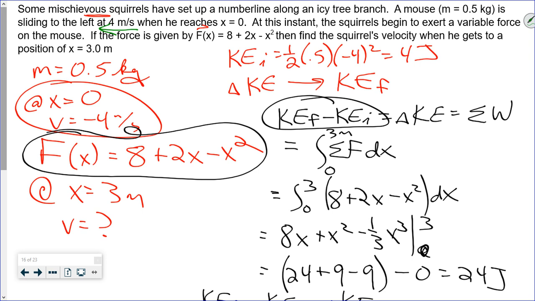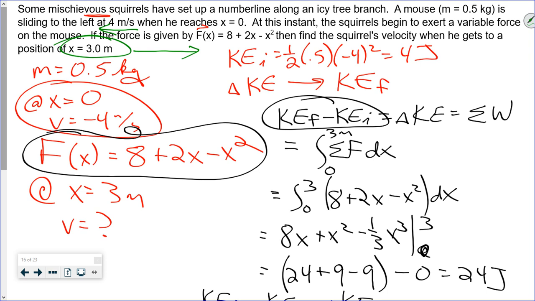But I am assuming here that our force remains positive long enough to get the squirrel moving back to the right so that he will, in fact, get to this position. So it might not be a bad idea for you to investigate a little bit, just to convince yourself that he does, in fact, turn around before the force becomes negative. We can talk about that in class if you want. Just remind me, all right?